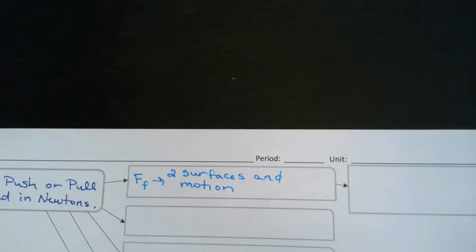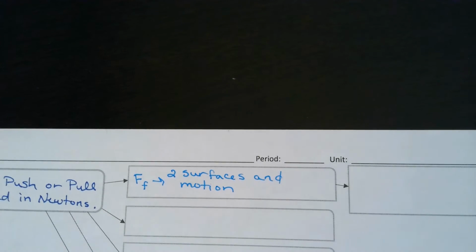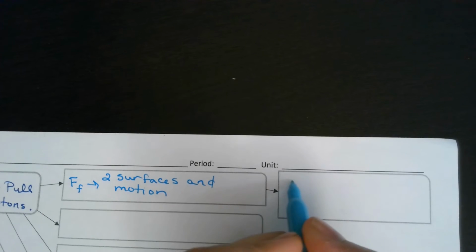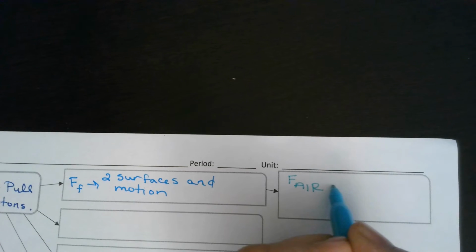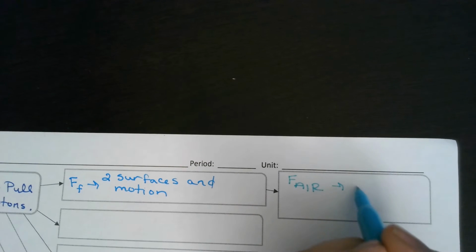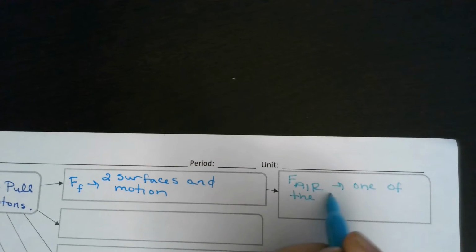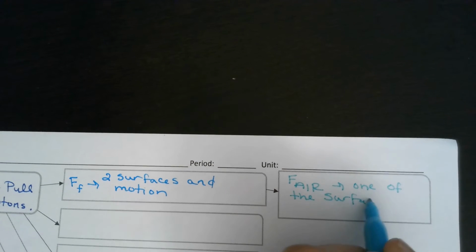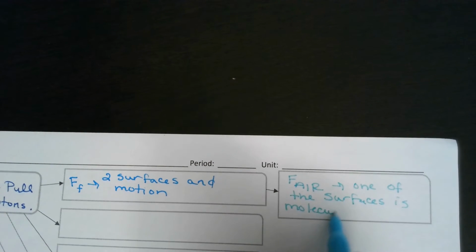And I told you that a type of force that's like friction is air. So F air, or drag, is when one of the surfaces is molecules of air.